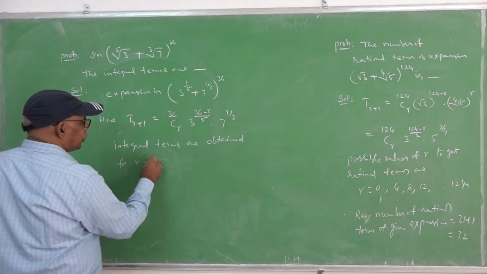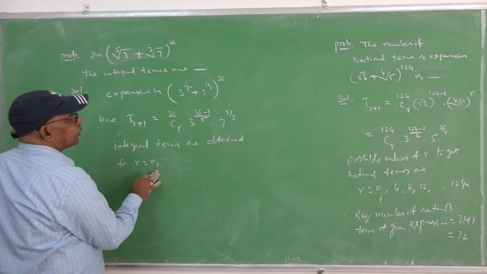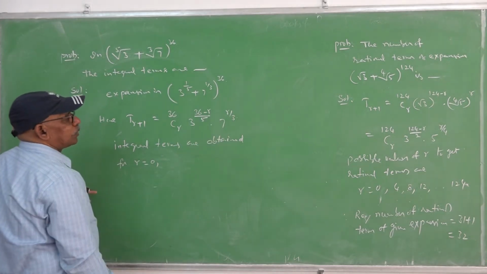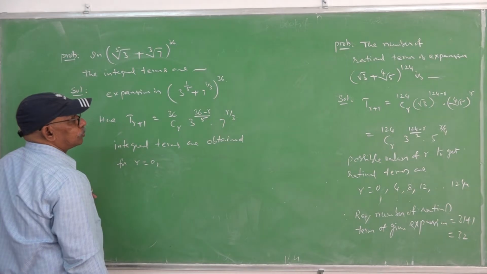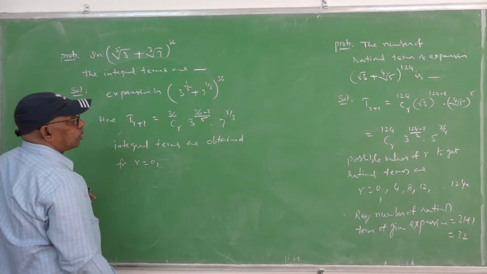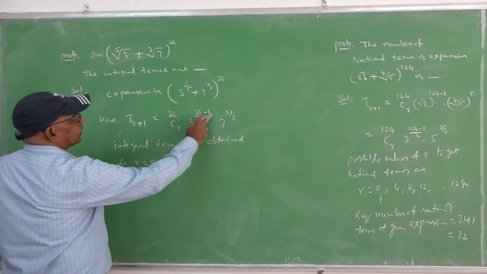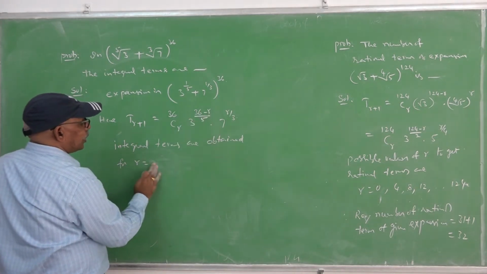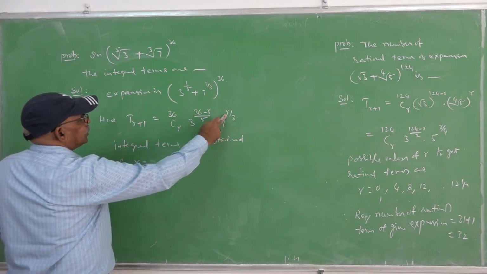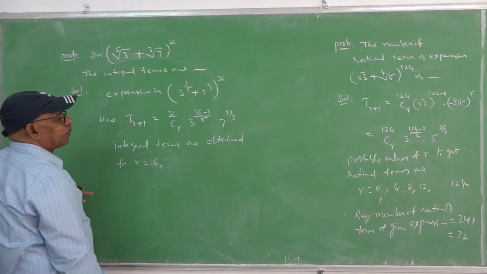r equal to 0. Once r equal to 0, r equal to 1 is not possible, r equal to 2 not possible, r equal to 3 not possible. So r equal to 6, a multiple of 3, here this is an integer, this is an integer.